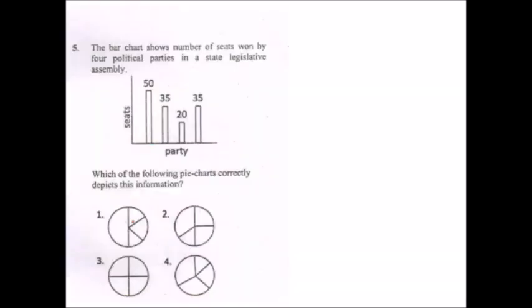Next question. The bar chart shows the number of seats owned by 4 political parties in the state legislative assemblies. Which of the following pie charts correctly depicts this information? When you add up all the seats, you get 140 total seats. Half of 140 is 70.